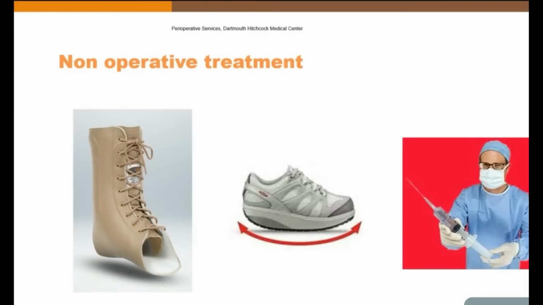Similarly, the shoe in the middle is a rocker bottom shoe, which is designed to defray some of the dorsiflexion and plantar flexion that might go through the tibiotalar joint by allowing the rolling motion of the heel to take up that motion. And then on the right, an injection. Various forms of anti-inflammatories or over-the-counter pain medications can be helpful, topical, oral, injectable in some cases. And of course, activity modification.